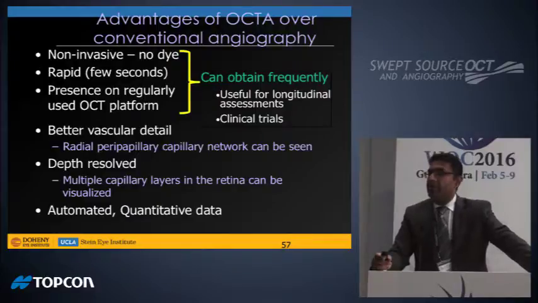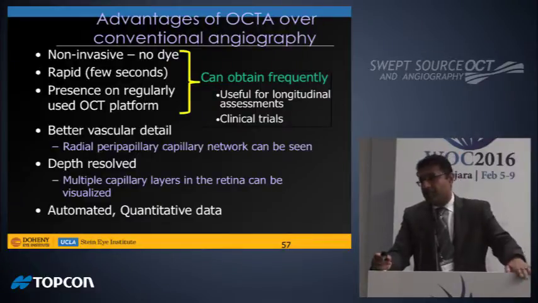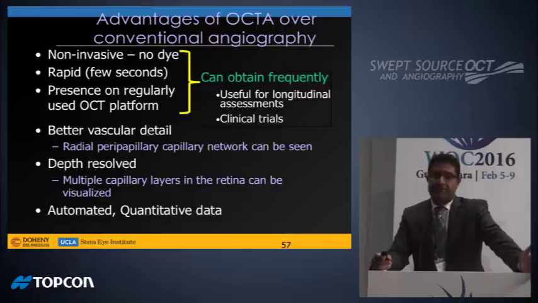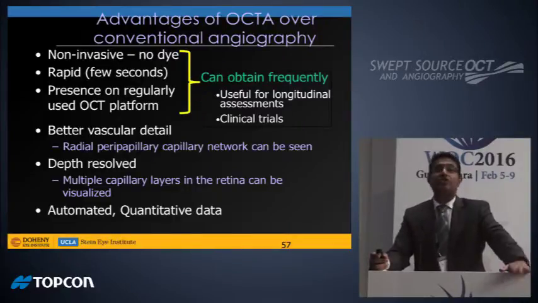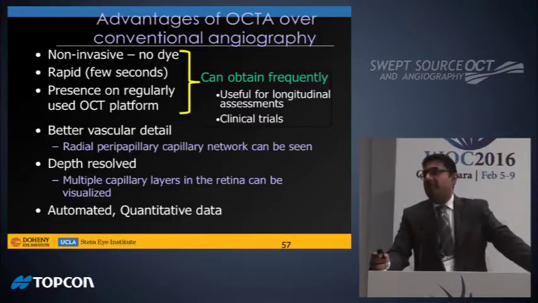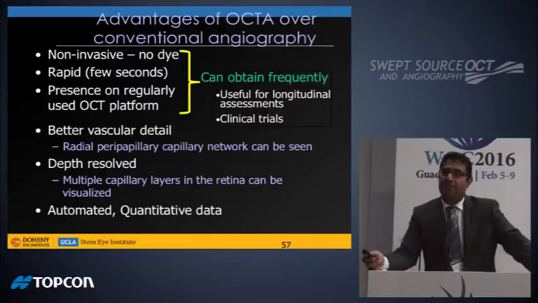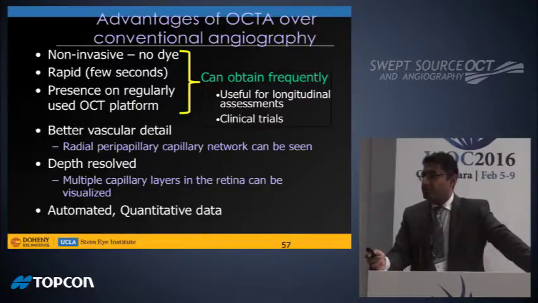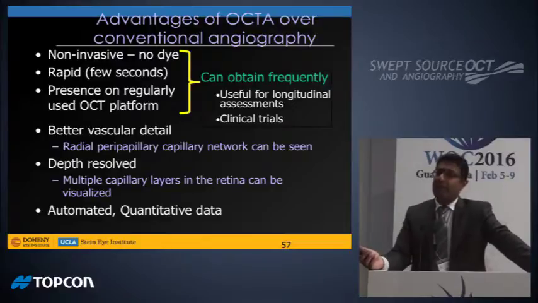So what are the advantages of OCT over conventional angiography? Well, it's obviously non-invasive and no dye. It's rapid, and you can do it on your existing OCT platforms. And what does this translate to? It means you can do it frequently, which means it's very useful for longitudinal assessments and for incorporation into clinical trials. Also gives us better vascular detail.